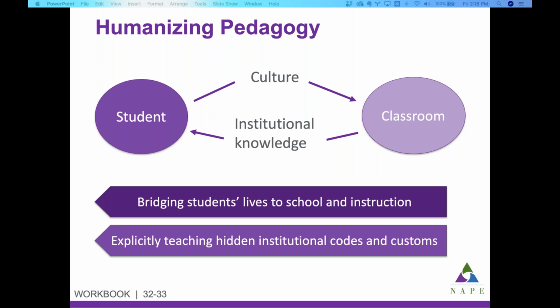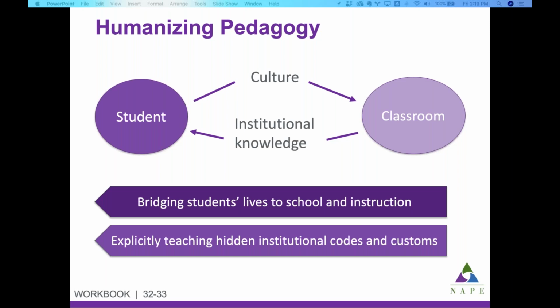But what this is really looking to do is connect students' culture into the classroom in a way that is repeated back to them and how they are learning and engaging with what you're bringing to them and teaching. So it's bridging their lived experiences with their school and instructional home. And also it's explicitly teaching hidden institutional codes and customs.